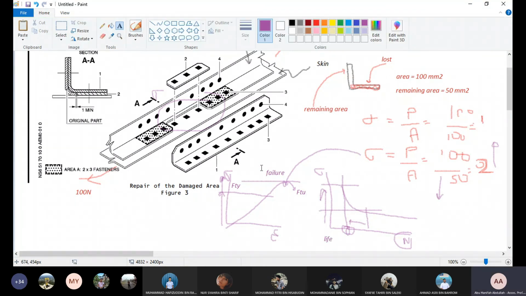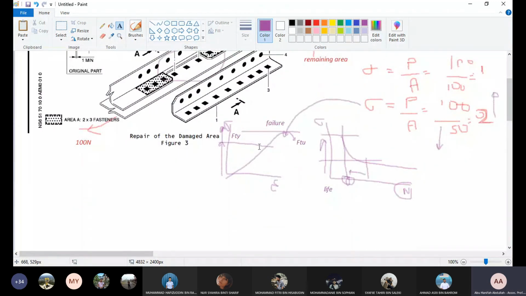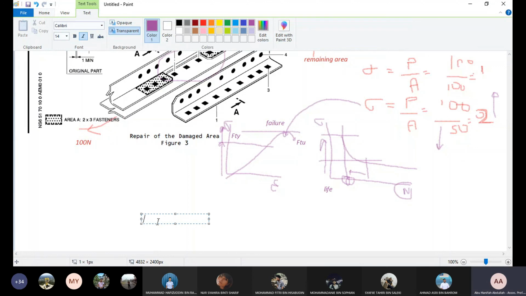That's why we are trying to avoid, in doing the repair, high stresses.